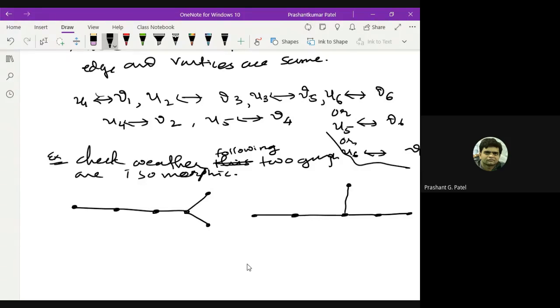The number of edges is the same. 1, 2, 3, 4, 5. 1, 2, 3, 4, 5. The vertices and the number of edges are the same. But what will happen?